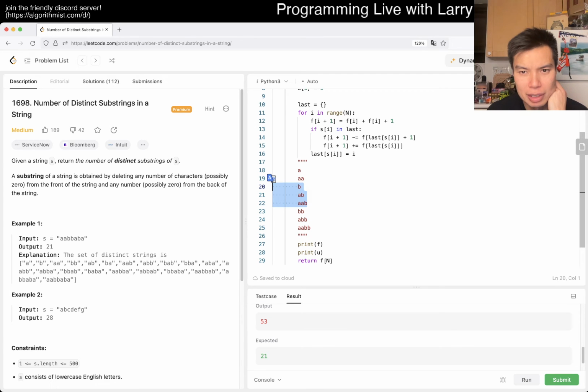But this count is not this count because this count includes all of the other ones. That's why I'm trying to kind of squeeze this back in, but it's not quite right.